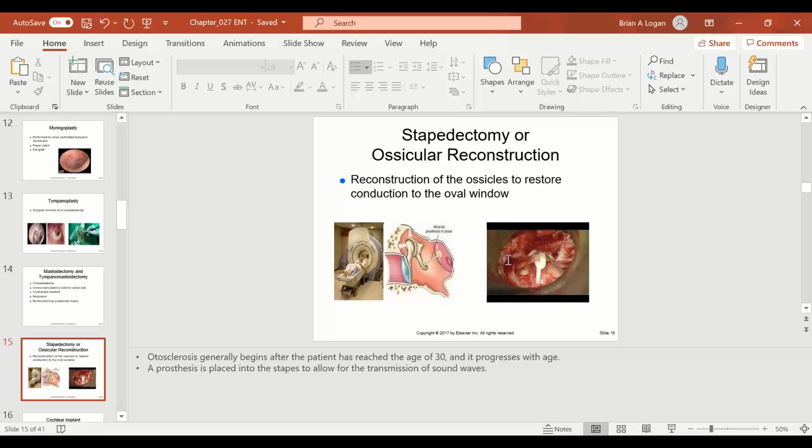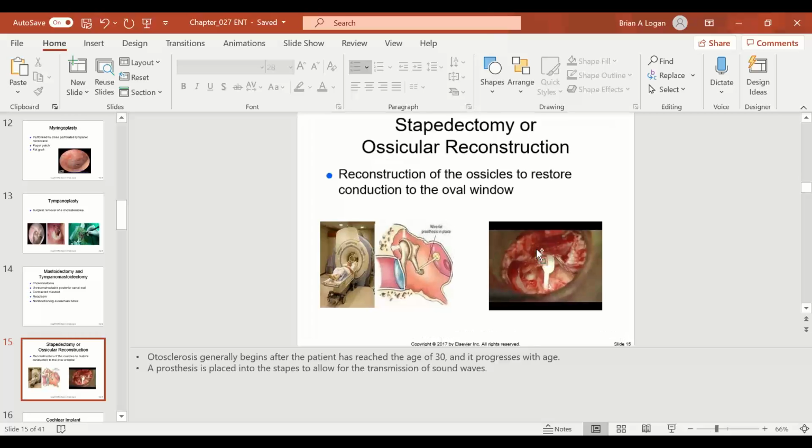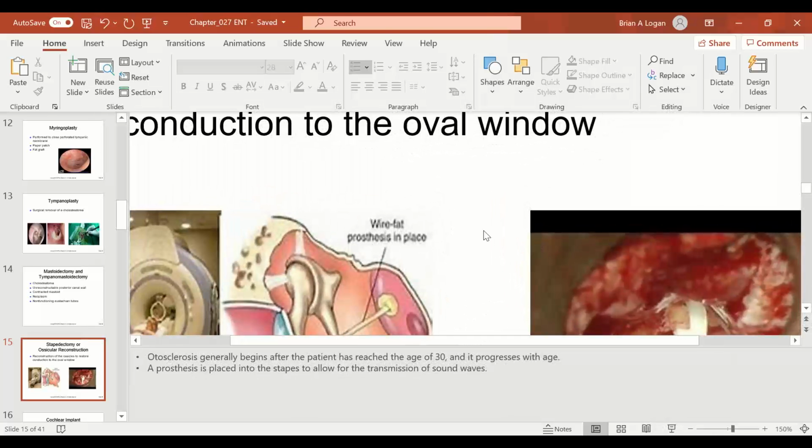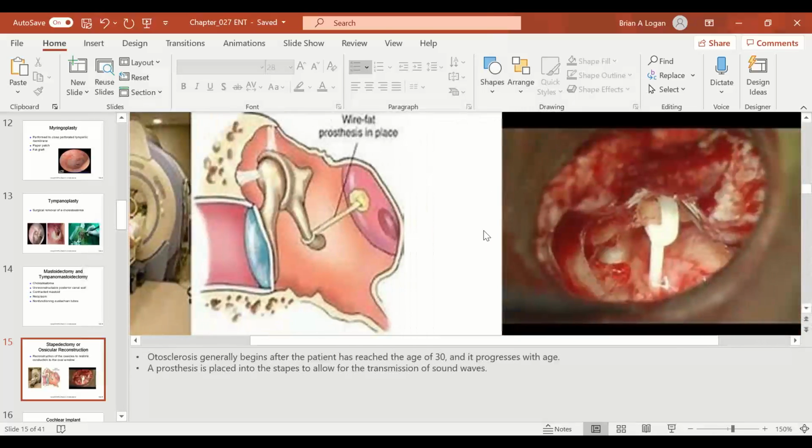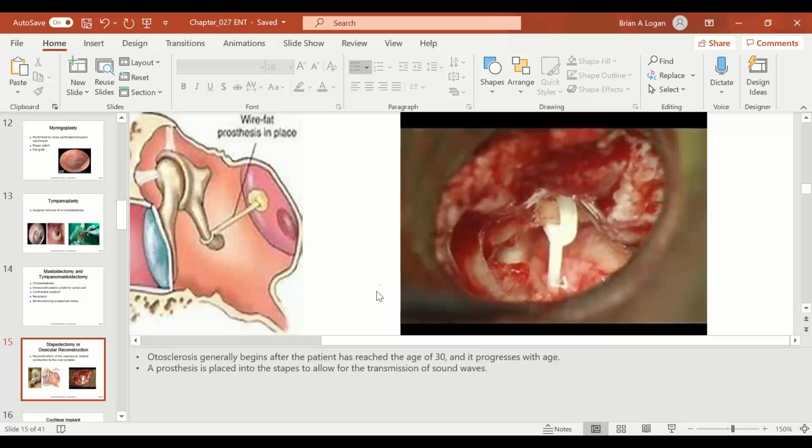Stapedectomy, or sometimes referred to as an ossicular reconstruction. So this is the image. Let me zoom in on this. From the microscope, looking into the ear, into the middle ear, what you see coming up here is the malleus, or the mallet.